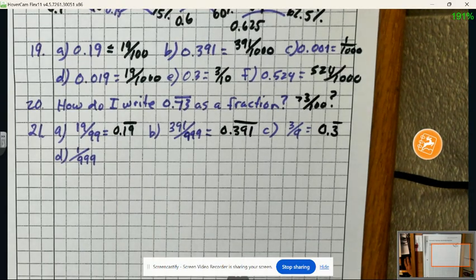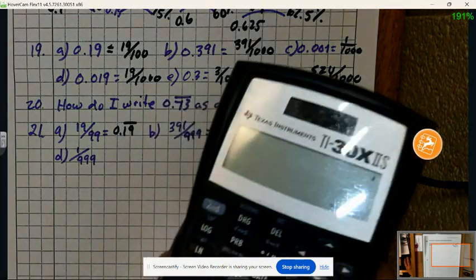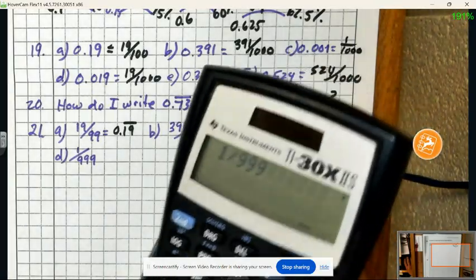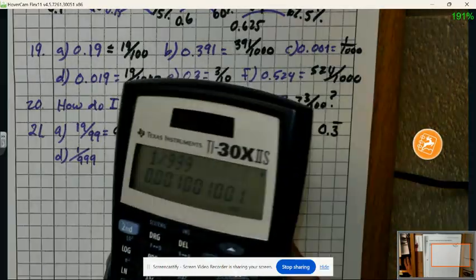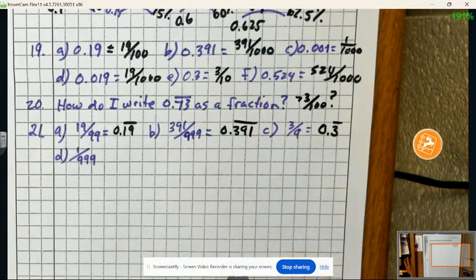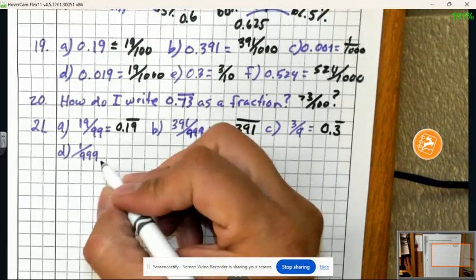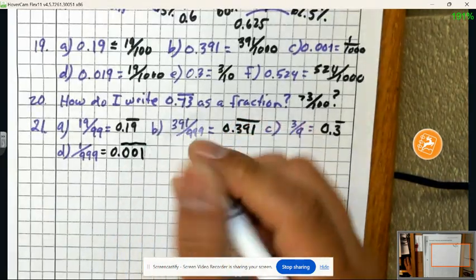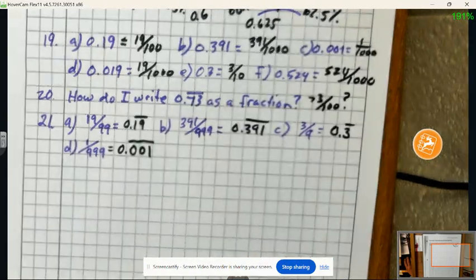All right, go ahead and take out your calculator, and you'll see that it is 1 divided by 999, 0.001001. Okay, so we have a repeating pattern, 0.001. Was that what you predicted?